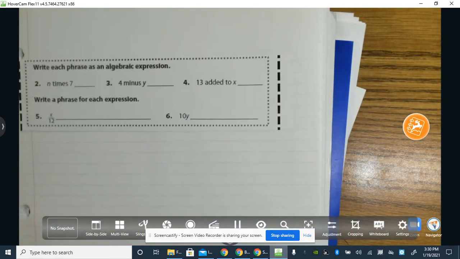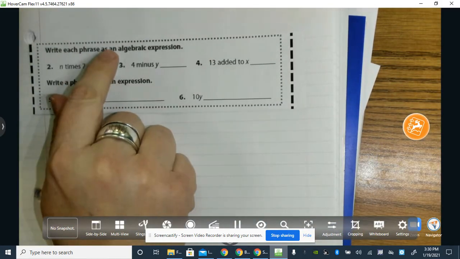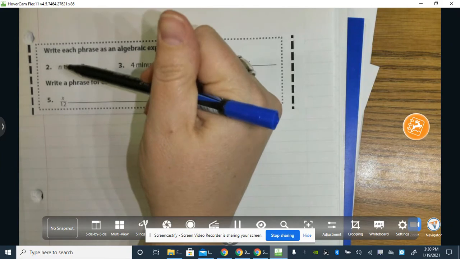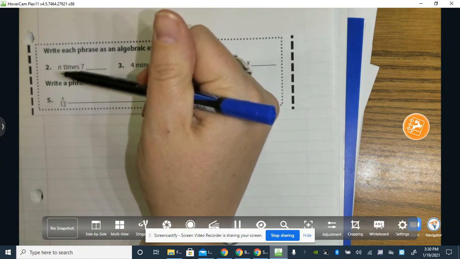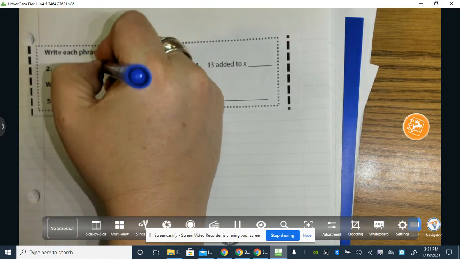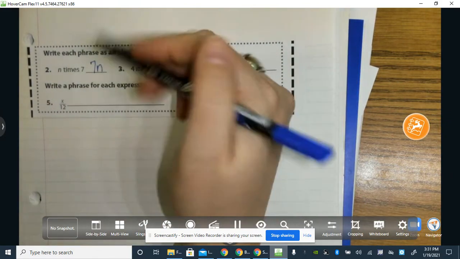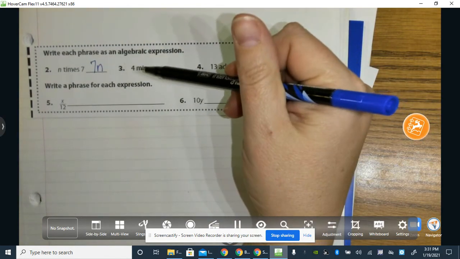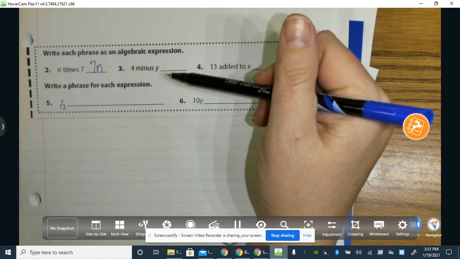So we have n times 7. How would I write that? I have it in words. I need to write it with numbers so that someone can read it. So n times 7. Even though n comes first, I'm going to write 7 first. So it will be 7n, because my number always comes before my variable. Number 3, 4 minus y.